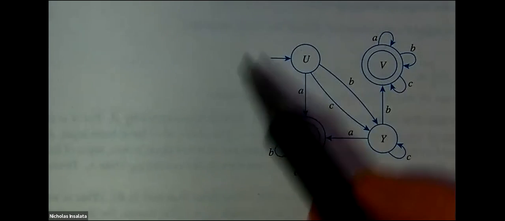What is the input alphabet going to be for this finite automaton? Almost A, B, C, right? So we got some C's in here as well. Nice. Okay. What is the set of states? U, V, Y, Z, either way. Good. What's the starting state?